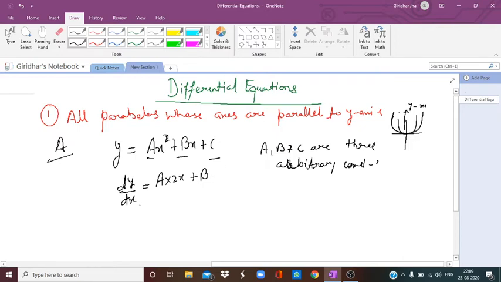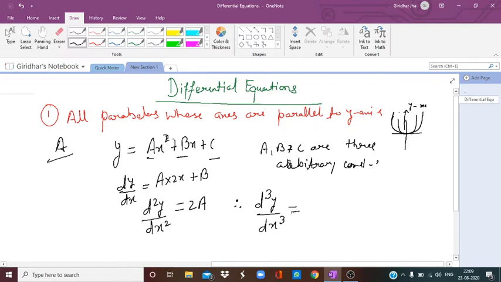Now again we differentiate because we have to differentiate three times. So d2y by dx square becomes 2a, b here becomes 0, and finally d3y by dx cube, and this is a successive derivative. First you have to differentiate dy by dx, then d2y by dx square, and finally d3y by dx cube. Why is it so?